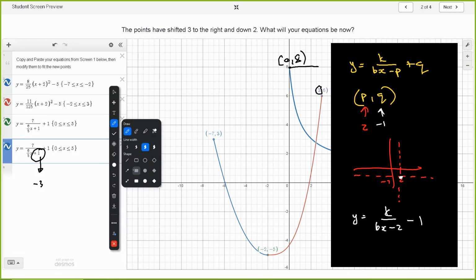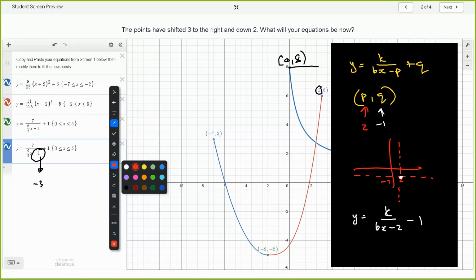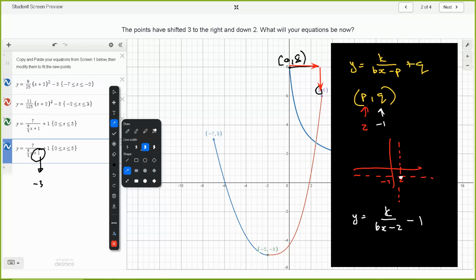And that's what happened as well with my transformation. I shifted it 2 units to the right from this point, just looking at the single point. Alright, 3 units to the right and 2 units down. That's the transformation. Horizontal shift right is what I got here.